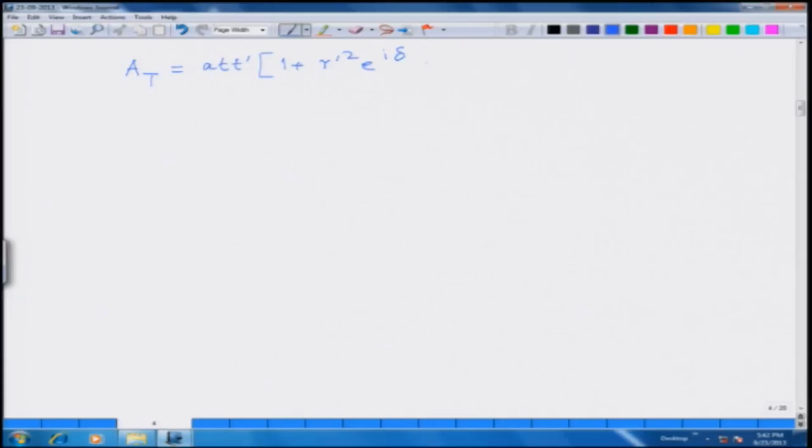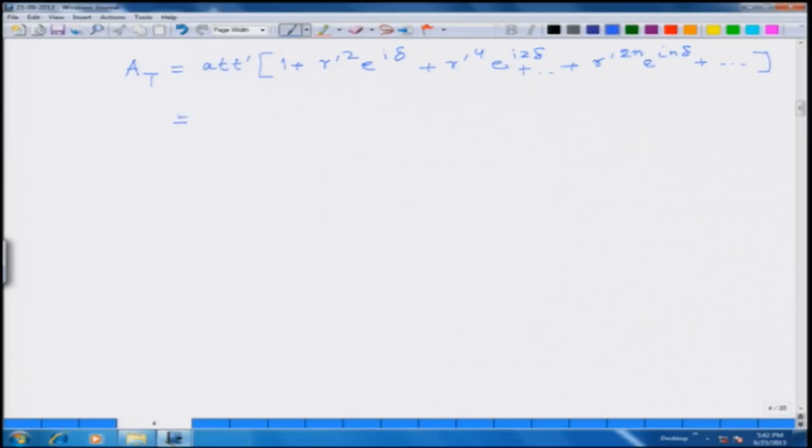So, this one has a phase difference of i delta. The second one is going to be r prime to the power 4 exponential i 2 delta, and so on and so forth. Let me write the nth component, that is going to be r prime to the power 2 n exponential i n delta. We are going to add it up, this is going to be a series.